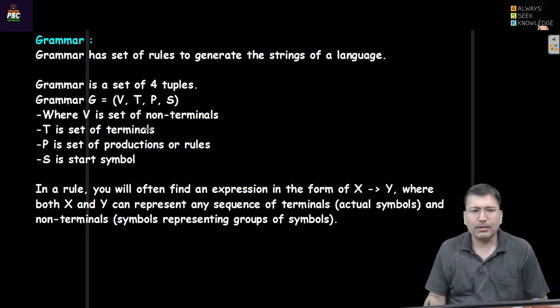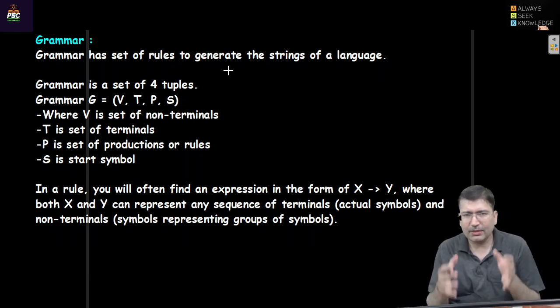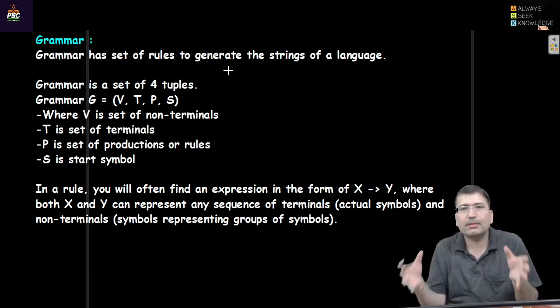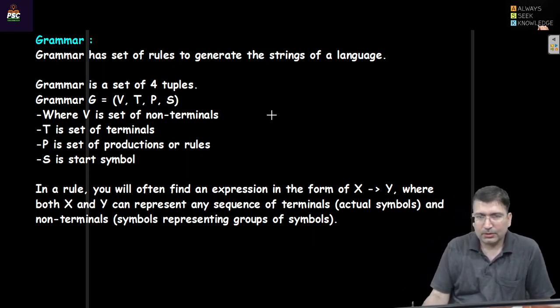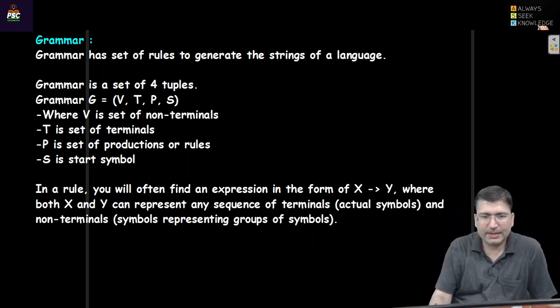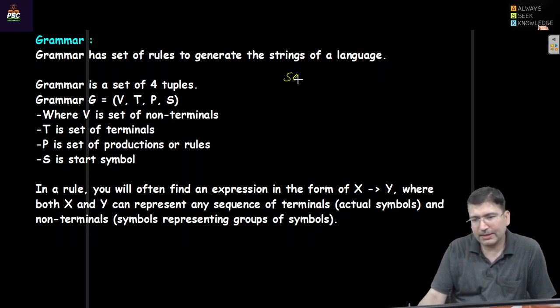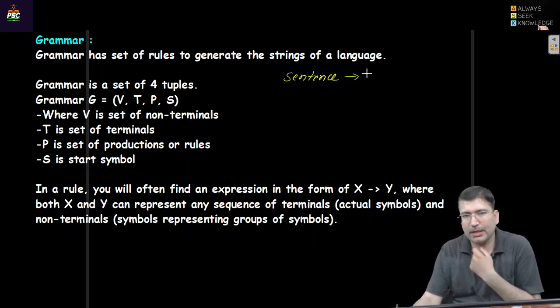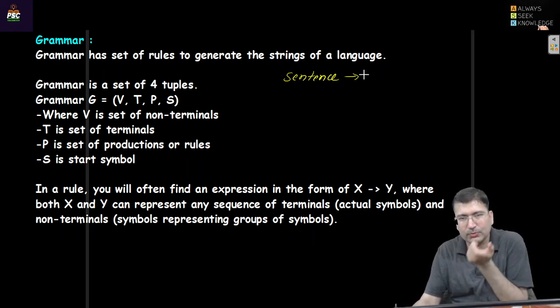Then the grammar. A grammar has a set of rules, and this set of rules helps us generate sentences. If I take the example of English, a sentence is nothing but a sequence of strings, and those strings are legal strings which we consider as words.